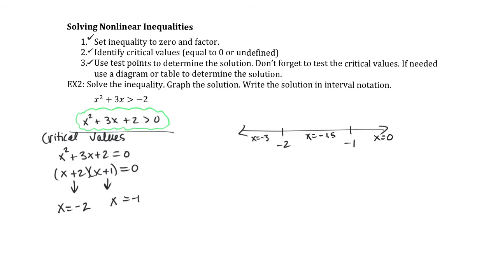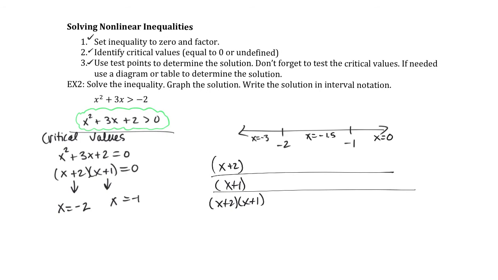Okay, so I'm going to set up a little sign chart here. My factors are x plus 2 and x plus 1, and the function is x plus 2 times x plus 1. Let's see what happens here.